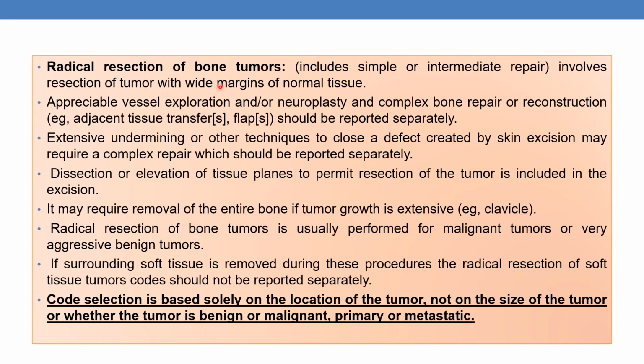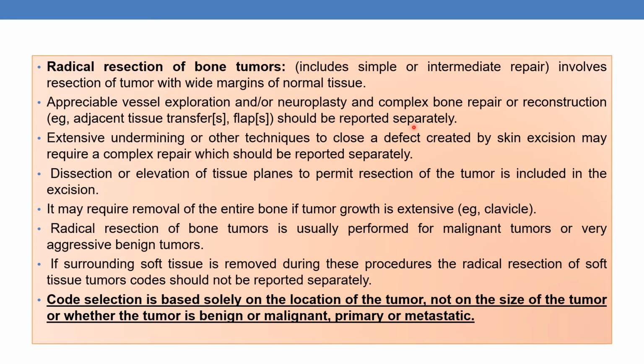Now coming to radical resection of bone tumors, it also includes simple or intermediate repair, and it involves a resection of tumor with wide margin of normal tissue. Appreciable vessel exploration and neuroplasty and complex bone repair or reconstruction should be reported separately.